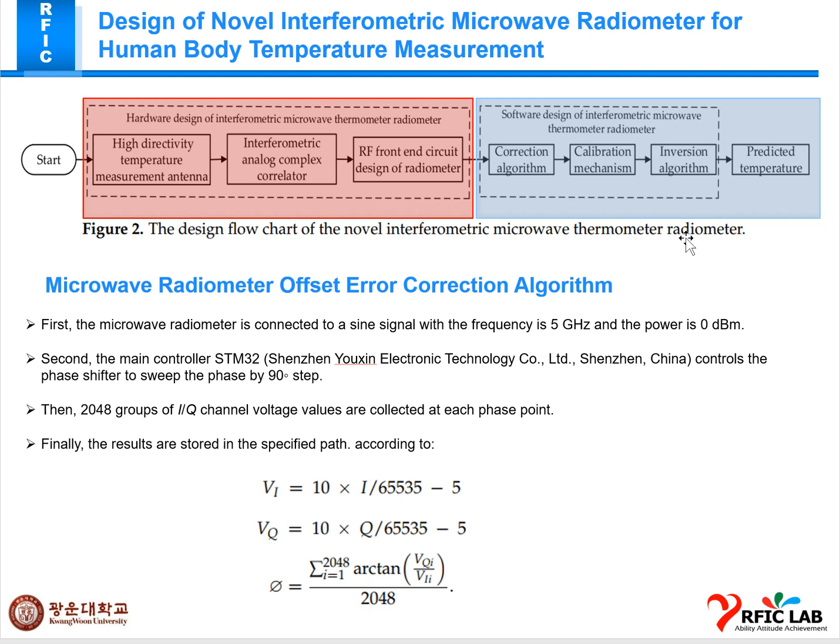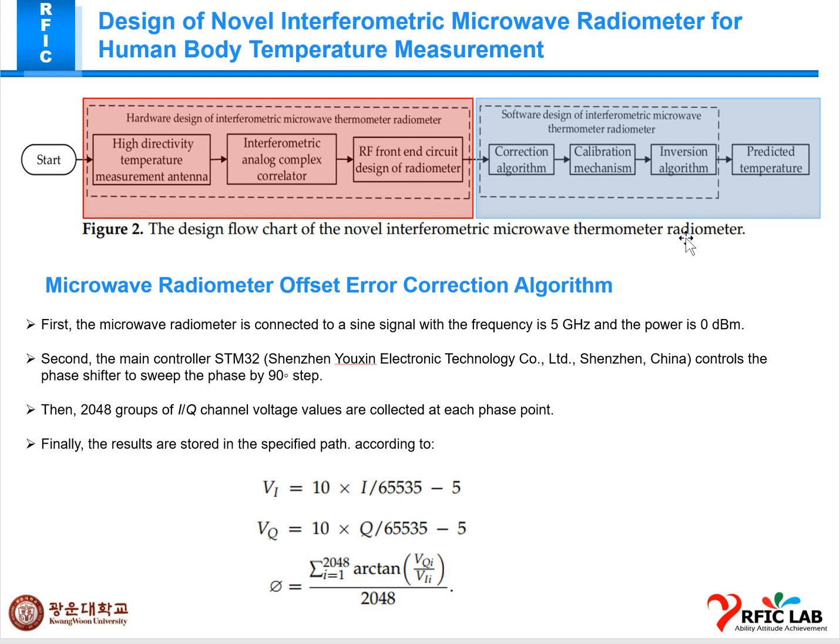As you can see in this flow chart also, first it starts with the high directive temperature measurement antenna, which is in hardware. In hardware, the second subtopic is the interferometric analog complex correlator, and then the third is the RF front end circuitry design of the radiometer.